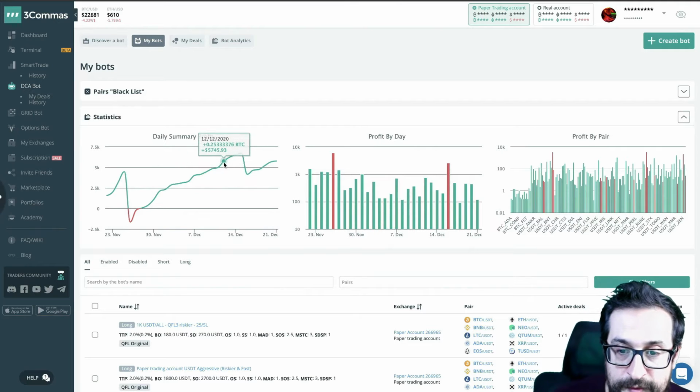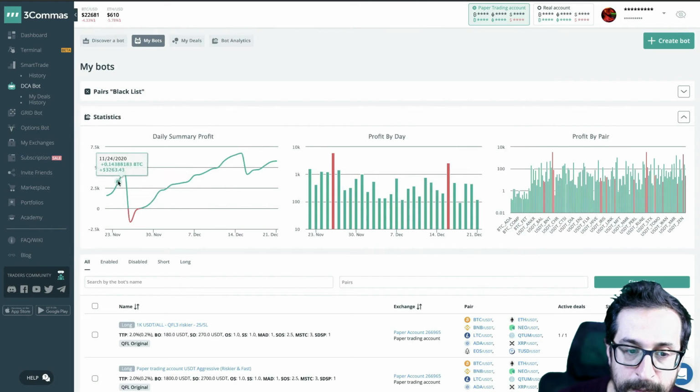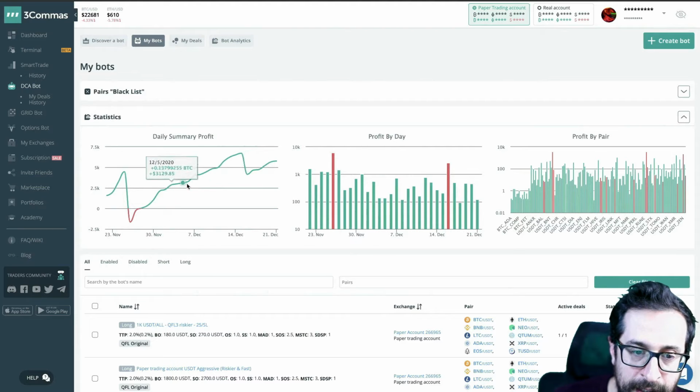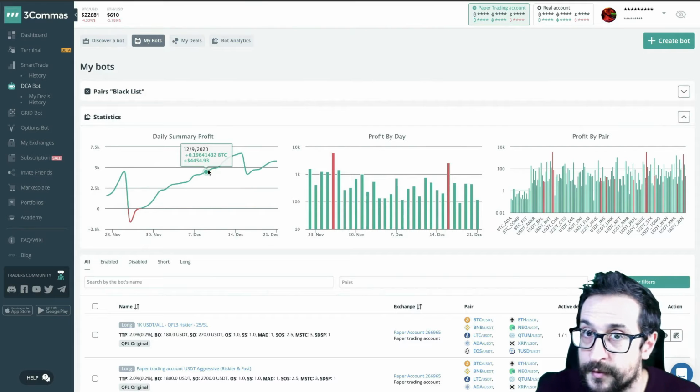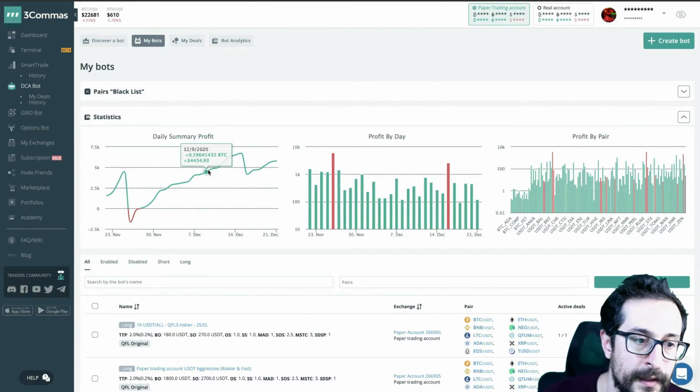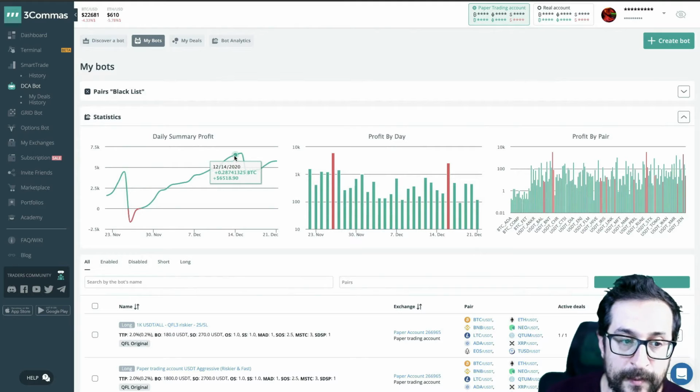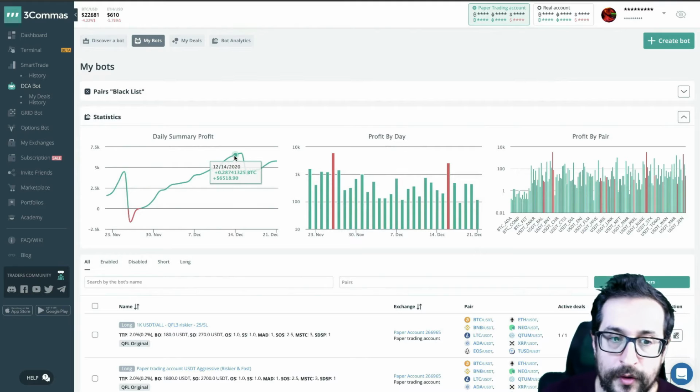I mean, this is just paper trading, just to give you an example. But in my real account, I've seen these drops. Those are expected, and I try to avoid them with signals and different things. But sometimes they're unavoidable, and you're just going to take a hit. So for that, be prepared, and don't put all your money in.